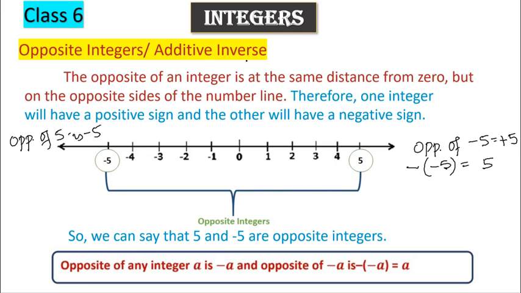Hope I have made this clear. Now, given any integer, say 10, its additive inverse is -10. Given the integer -25, its additive inverse is positive 25.